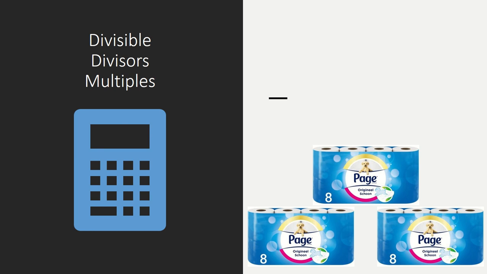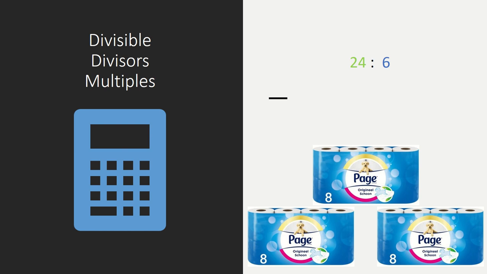But you are very generous, so you're going to divide those rolls by 6 people. So everyone would get 4 rolls of toilet paper. 4 is a nice number. It's a whole number, not with decimal places. So it's a natural number.